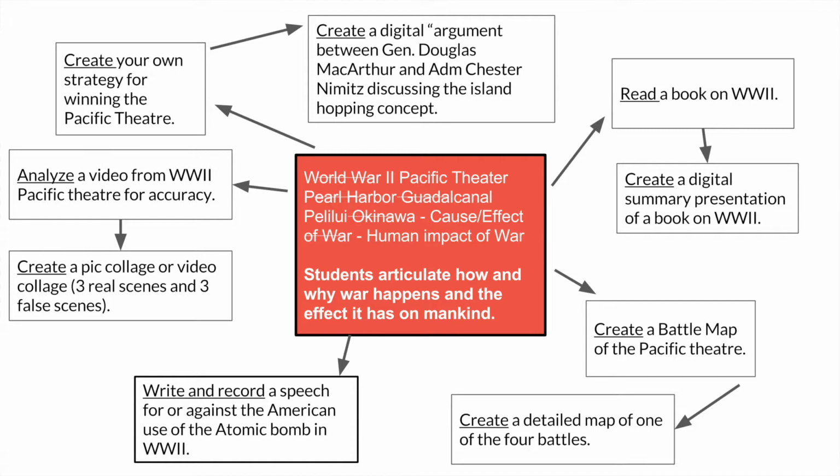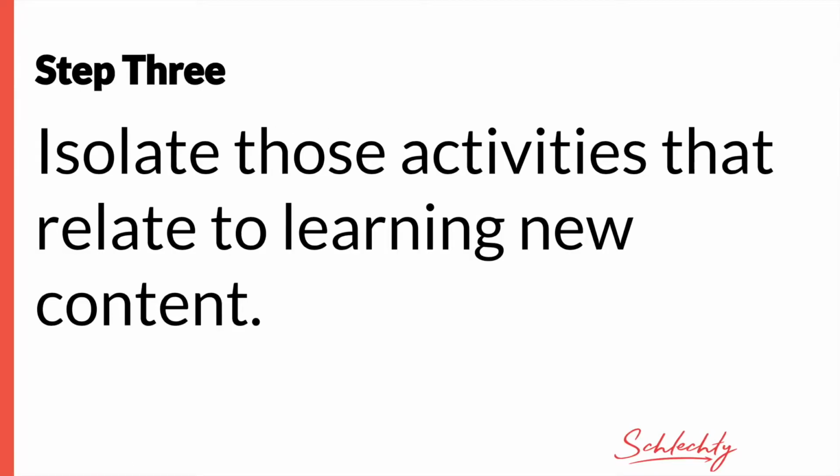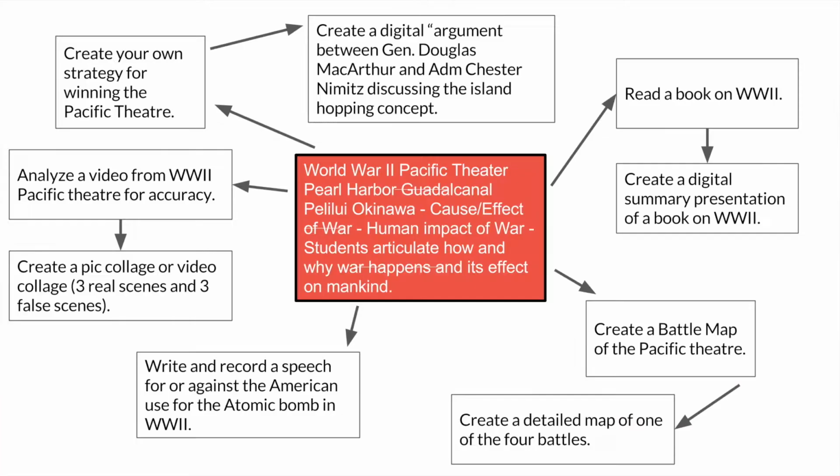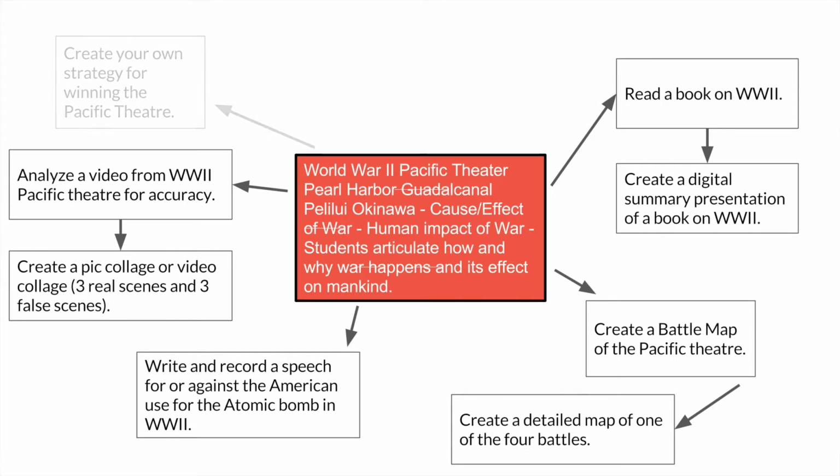To review, student needs, motives, and values have been identified in relation to organization of knowledge. The work students will do has been webbed for student activity. It is time for Step 3. In Step 3, isolate those activities that relate to learning new content. There are 5 items that are much more related to product focus and higher order thinking skills than learning new content.